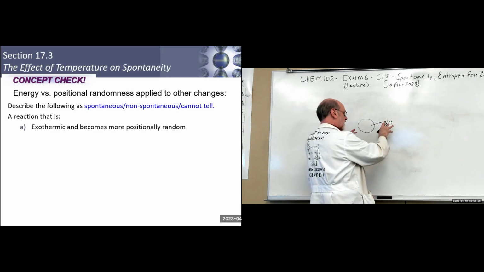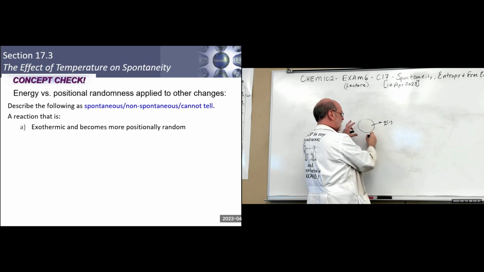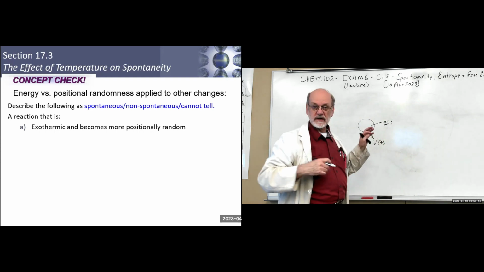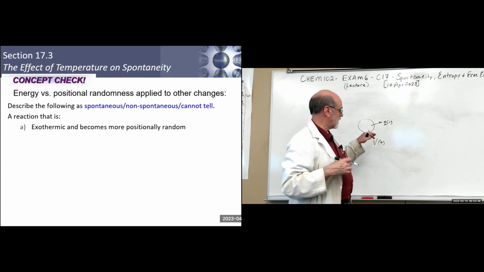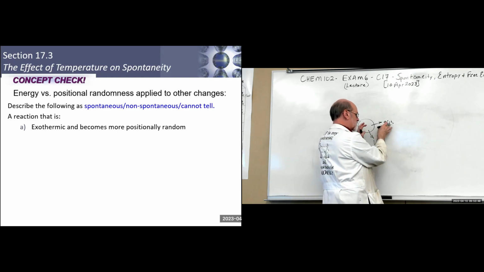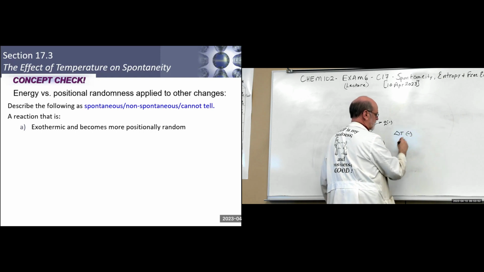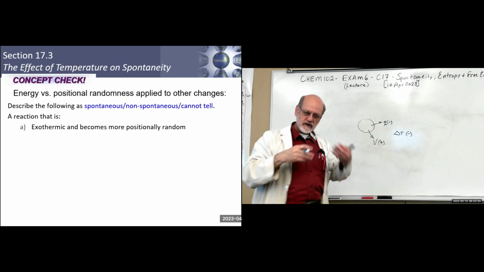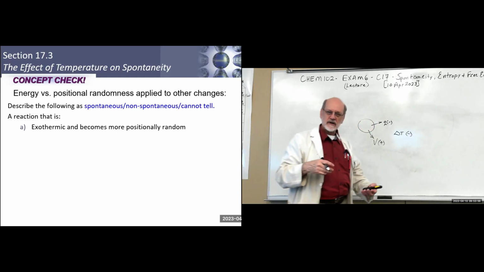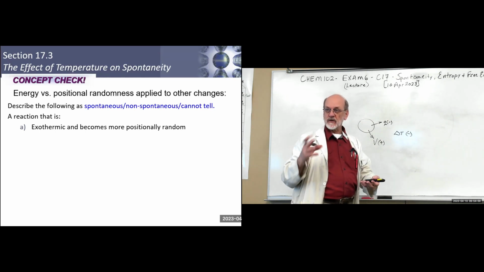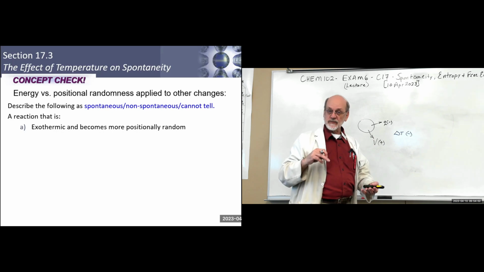So if it's exothermic and becoming positionally random, then the volume would have to be increasing. We'd have to lose energy and increase volume. So if we're losing energy, then the temperature is decreasing. The change in temperature is negative. So as we're decreasing the temperature, which becomes more important, positional or energy? Energy becomes more important.